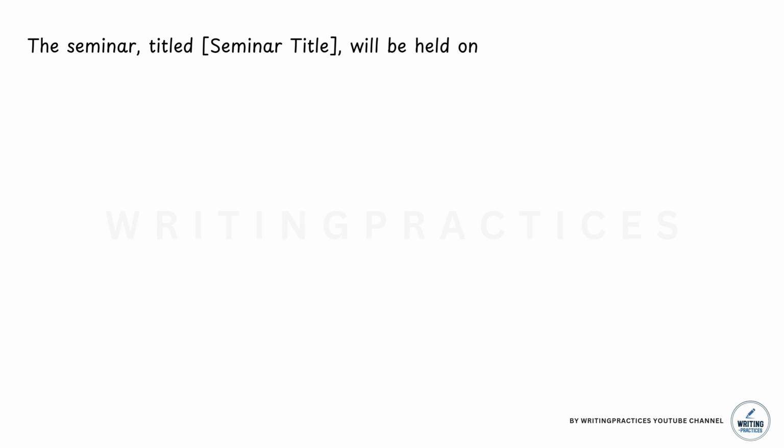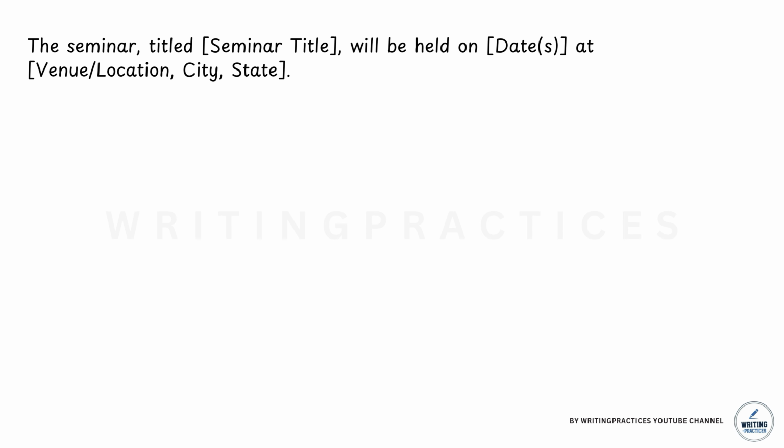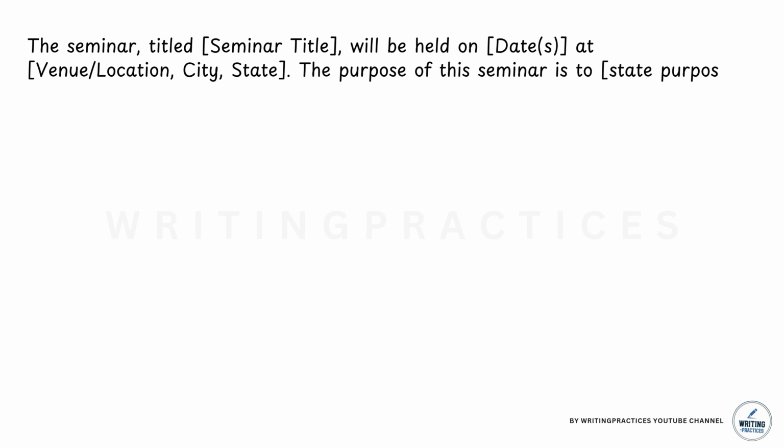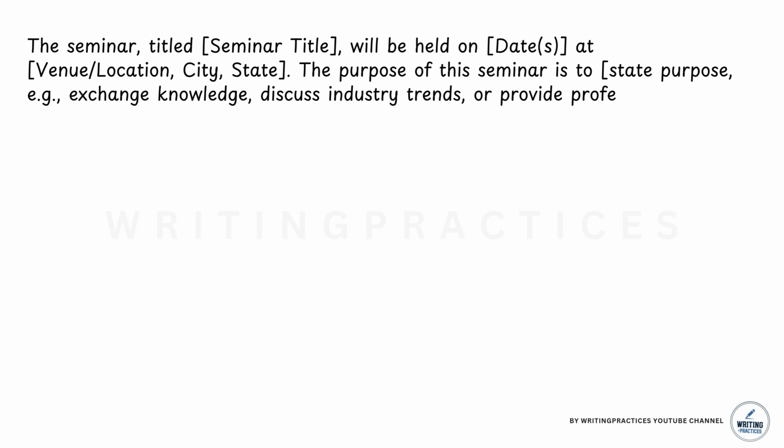Body paragraph 1. Details of the seminar. In the next section, you give full details about the seminar. You must include the seminar title, the exact dates, and the location. The purpose of the seminar should also be explained, for example, to exchange knowledge, discuss industry trends, or provide professional training.